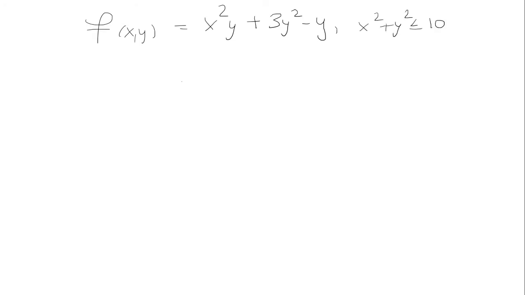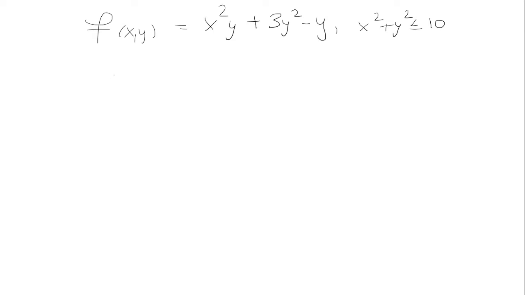So we want to use Lagrange multipliers to find the maximum and minimum, given that f of x, y is x squared times y plus 3y squared minus y, and the constraint is x squared plus y squared has to be less than or equal to 10.